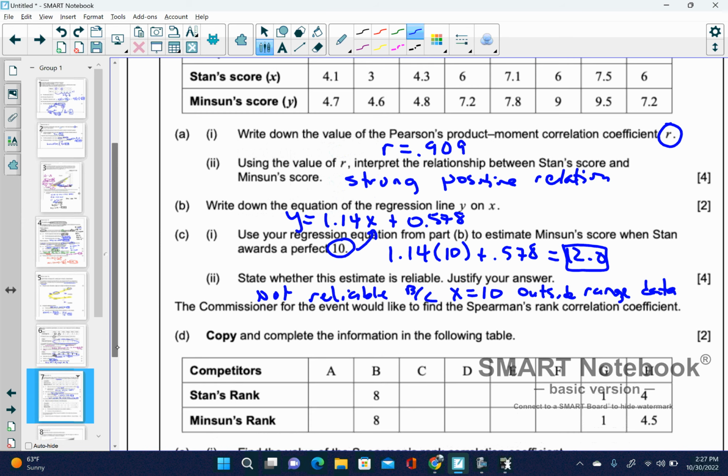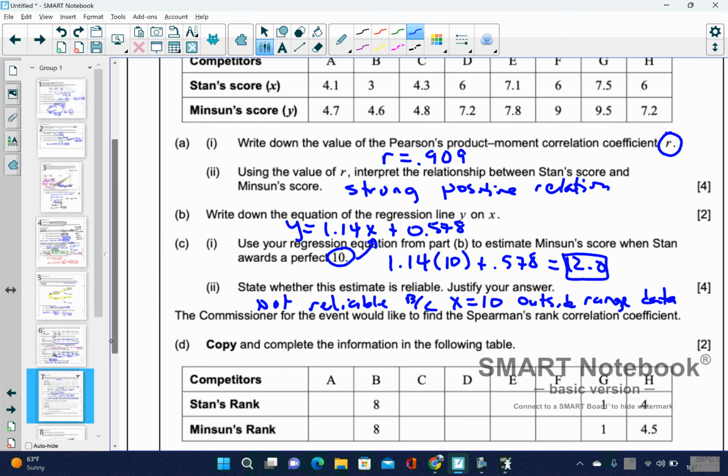So over here, they have already done the first one and the fourth one for us, right? So number 1 is the highest. The second highest is going to be E, which is right here. So that's going to be 2. And then these two right here are the same. H is already in the fourth place.